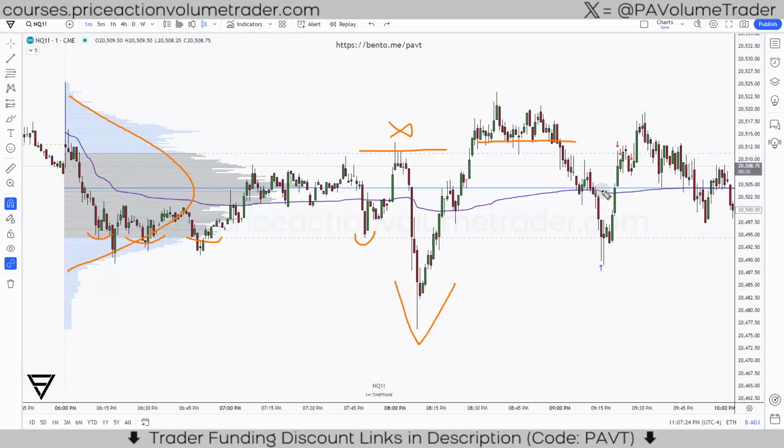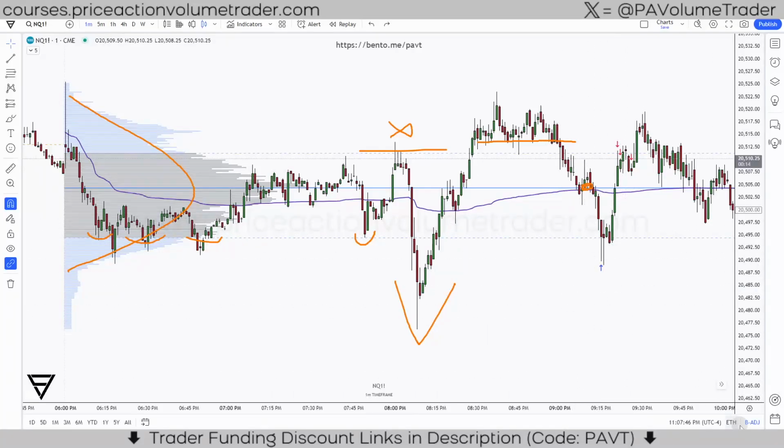So I identified this when we were right around this area holding VWAP, and I set a limit order here. If I highlight here, you can see it says buy 6 at 20,494.75, which is exactly at the valley area low line.